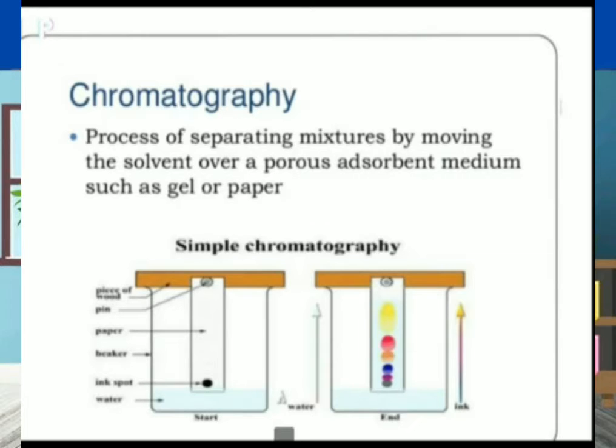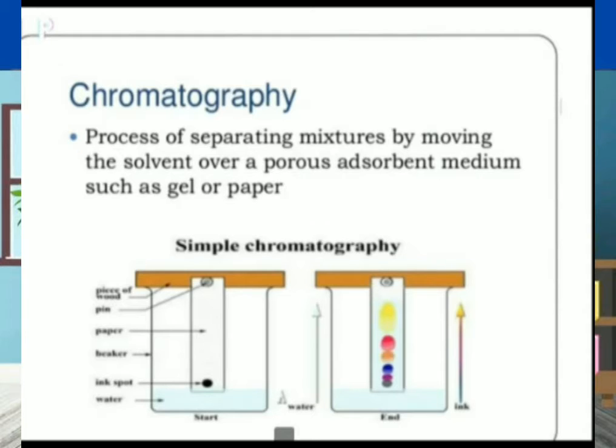Let's do an activity. Here we take a thin strip of filter paper. Draw an approximately 3 cm line on the filter paper using a pencil, and put a small drop of ink at the center of the line.